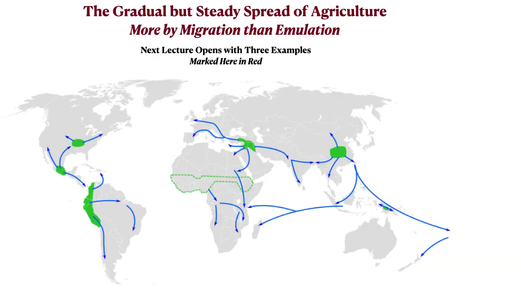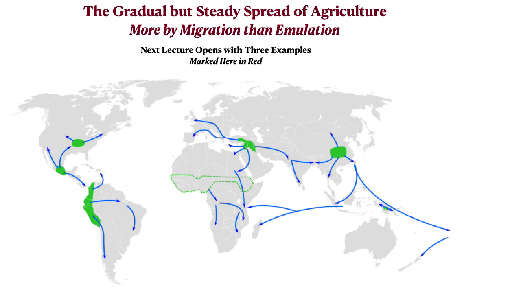And my final slide is going to just show expansion of agriculture, again, out of these initial cores of independent agricultural innovation. And you can see the lines as people moved out of these areas into zones previously occupied by hunter-gatherers.